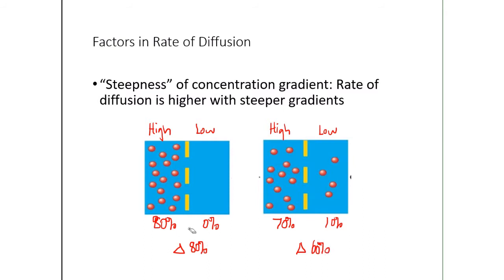Because there's a greater difference in the first case between the two areas, the concentration gradient is steeper there than it is over here. So diffusion is going to be expected to go a little bit faster on the left side compared to the right side because it's steeper. The greater the difference in concentration between two points, the faster the rate of diffusion will be when the molecule moves from one place to another.